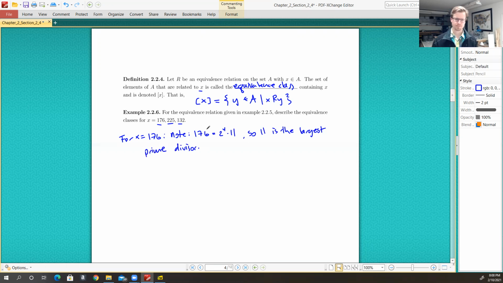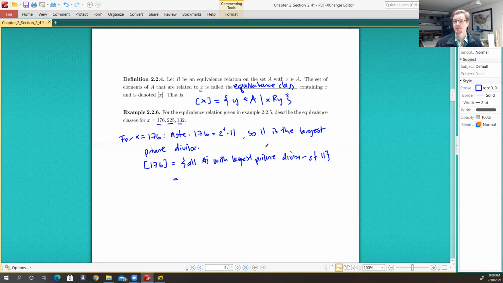So since we have 11 being the largest prime divisor, the equivalence class containing 176 is simply the set of all numbers with largest prime divisor of 11.